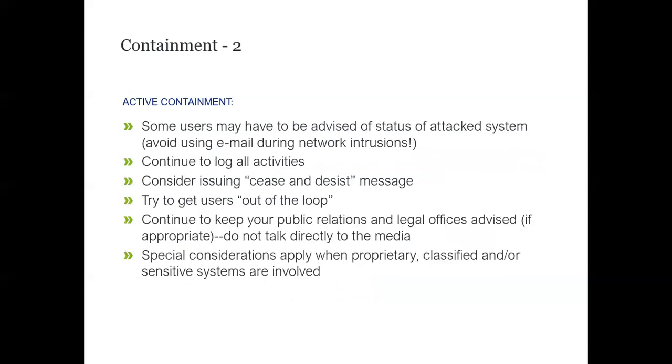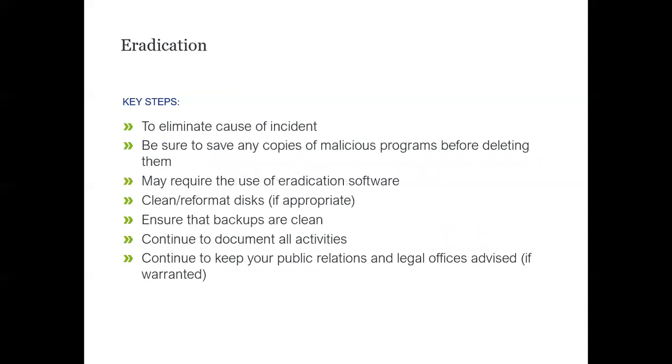This decision and goal should be there. In active containment, we continue to log all the activity. We consider issuing a cease and desist message, and try to get users out of the loop. So these are the things we are going to do.